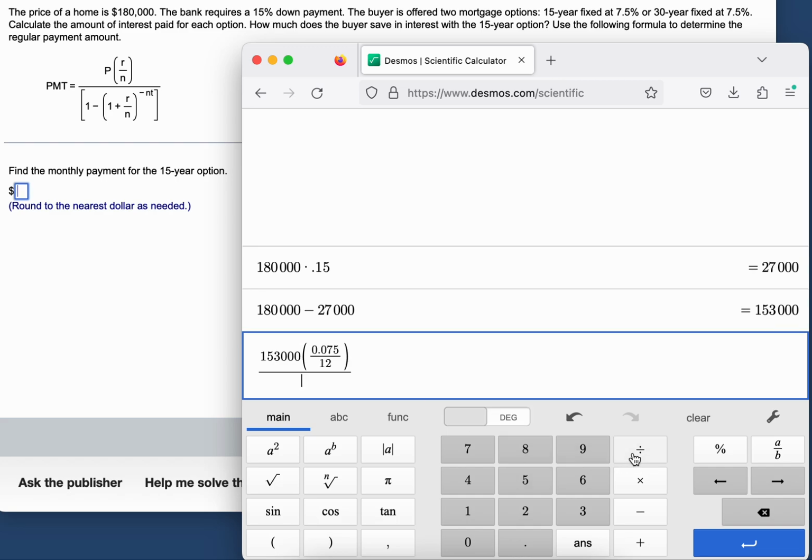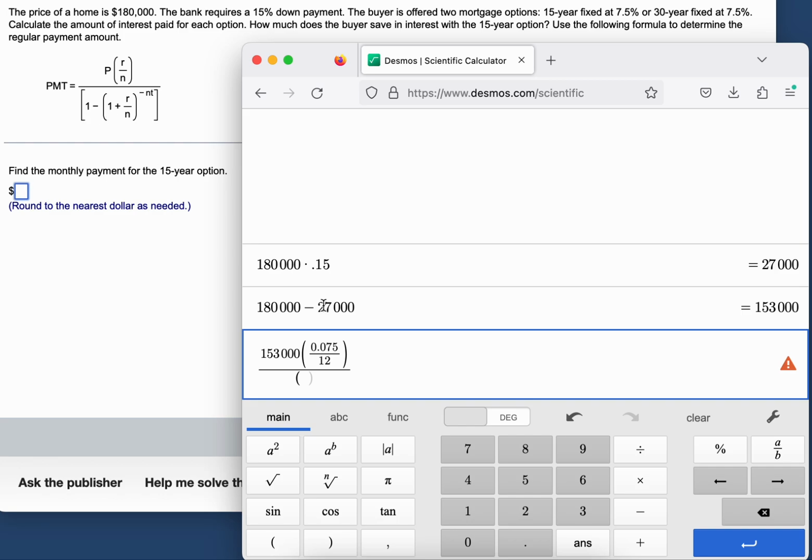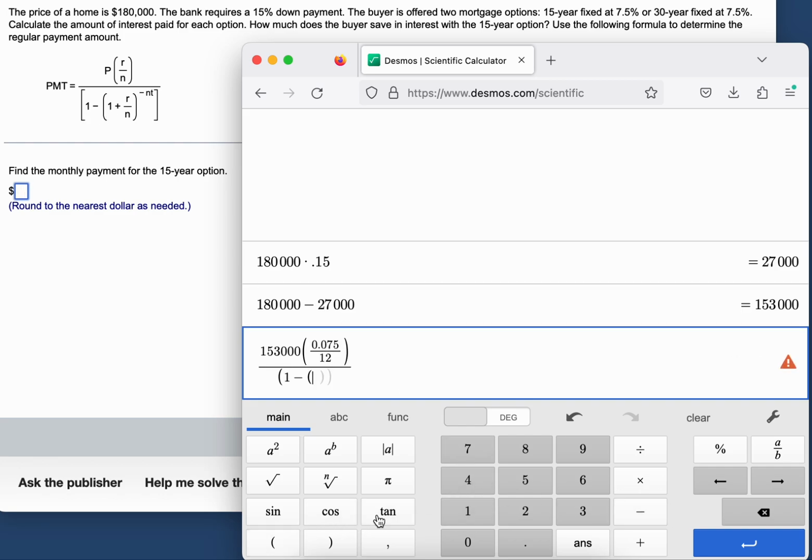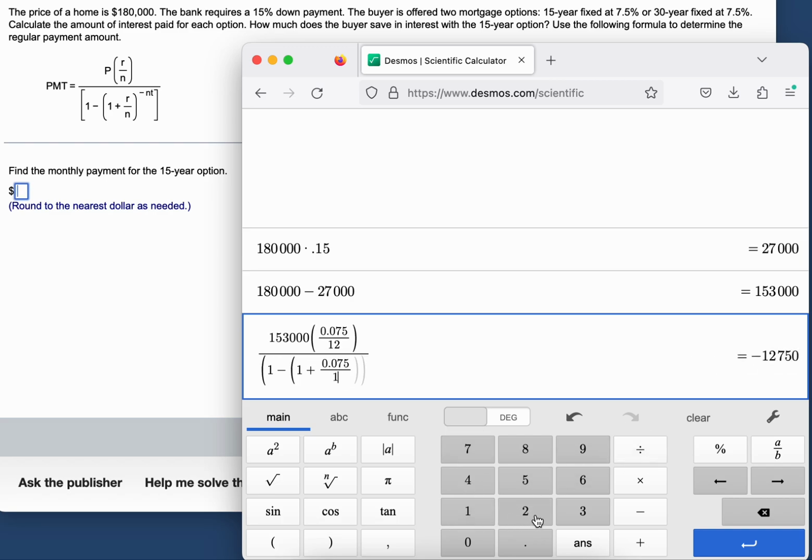I'll now divide by, because there's a division. This is a bracket, but it's the same thing as a parenthesis, so I'll open up a parenthesis. I'll do 1 minus, and then open another parenthesis, do 1 plus. It's still 0.075 divided by 12. I'll click over, close the parentheses, and click this so I can get into the exponent.